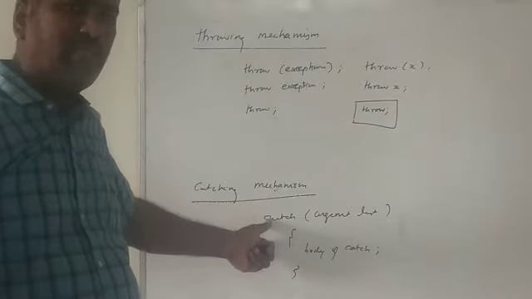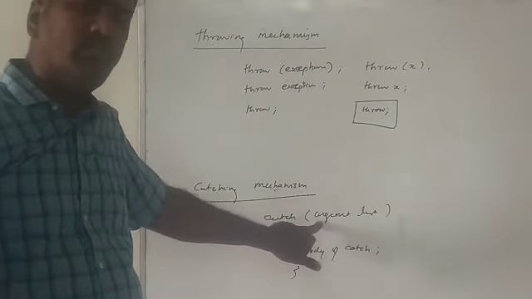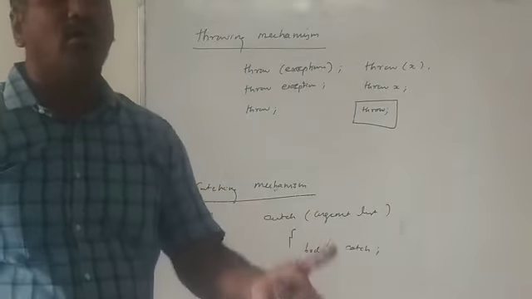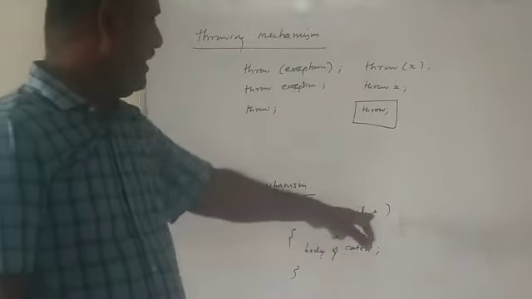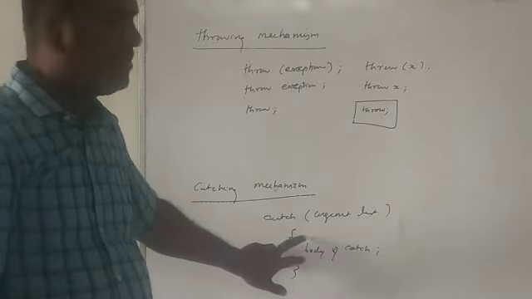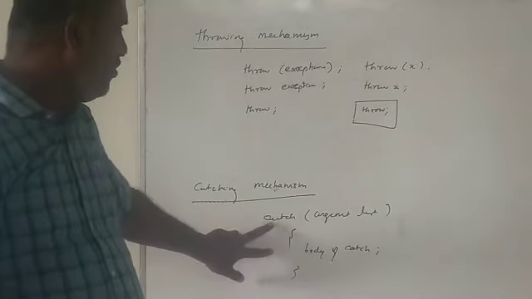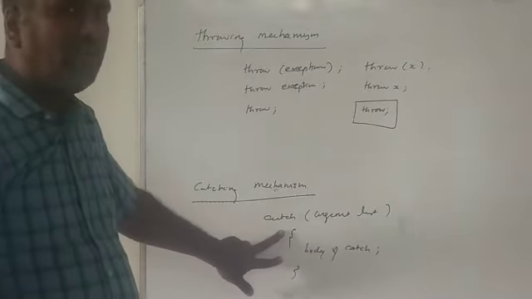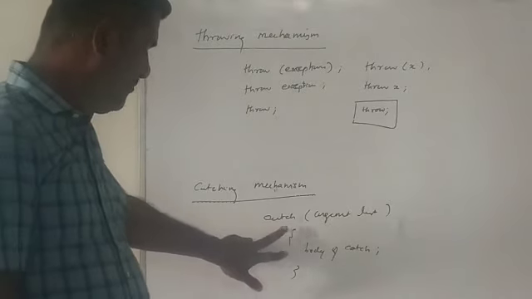So the function name is like catch. This is the argument list, meaning the type of argument, like integer i. Then the statements that handle the exception are called the body of the catch. So this coding is like a function definition.